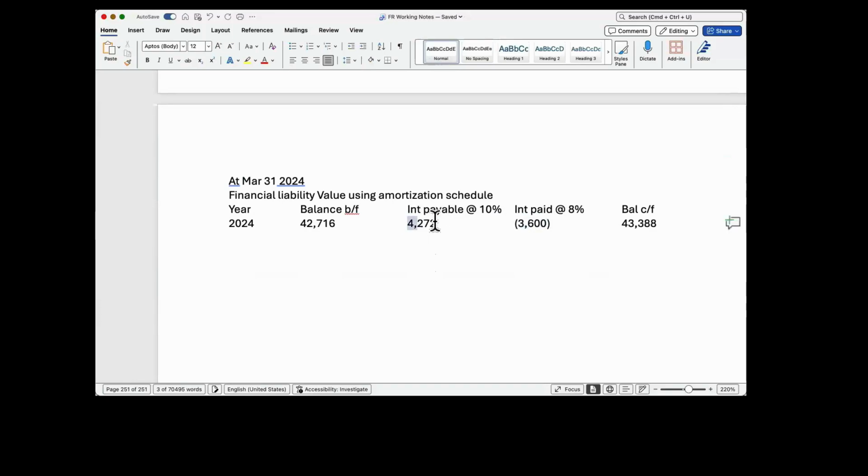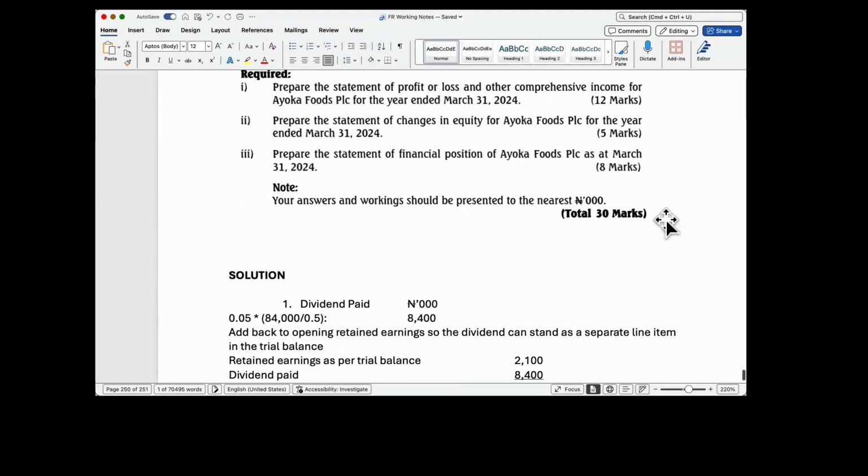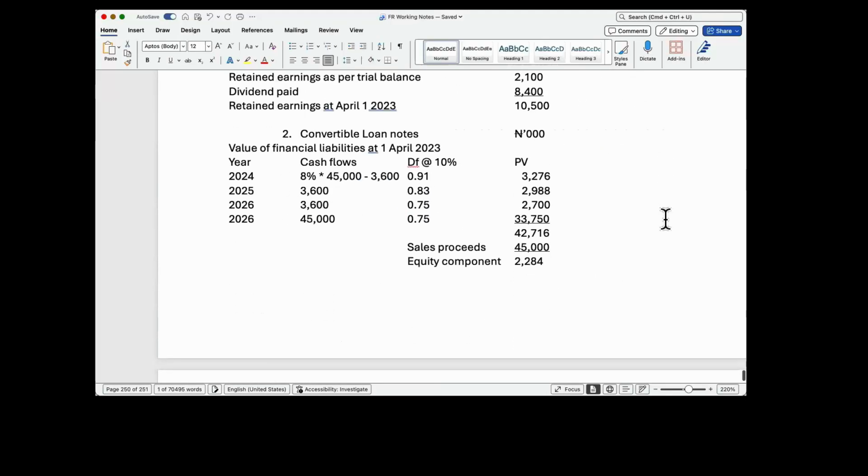This is the interest that will be recognized to P&L, while this amount is the balance that will show as my non-current liability as convertible loan notes. And that's it for this adjustment.